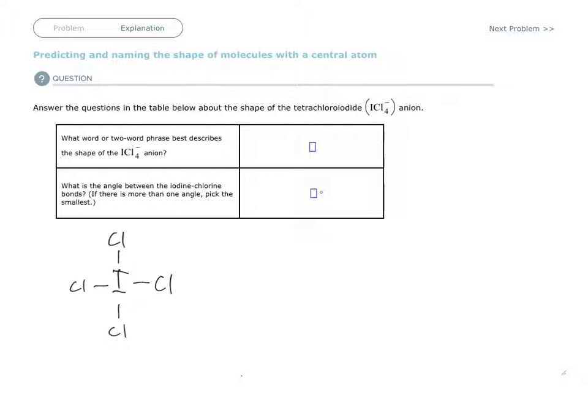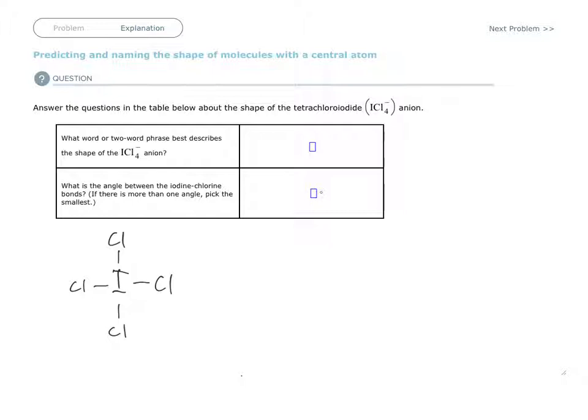All right, let's find out how many total electrons we have. Chlorines have 7. Okay, so 7 times 4 is 28, and iodine also has 7. So we got 35 total valence electrons, plus we have that this is an anion, so it's 36.